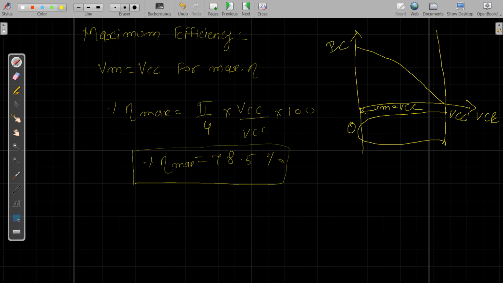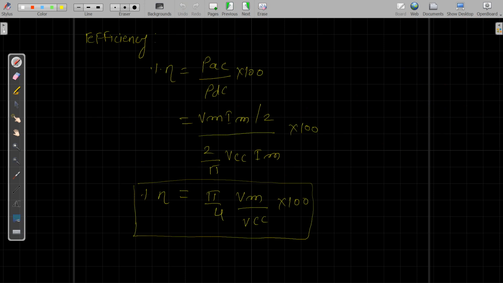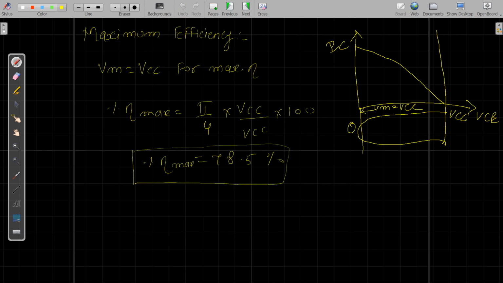From this figure you can clearly say that as the peak value of the collector voltage Vm increases, your efficiency increases, right? That means Vm equals Vcc to get the maximum efficiency.